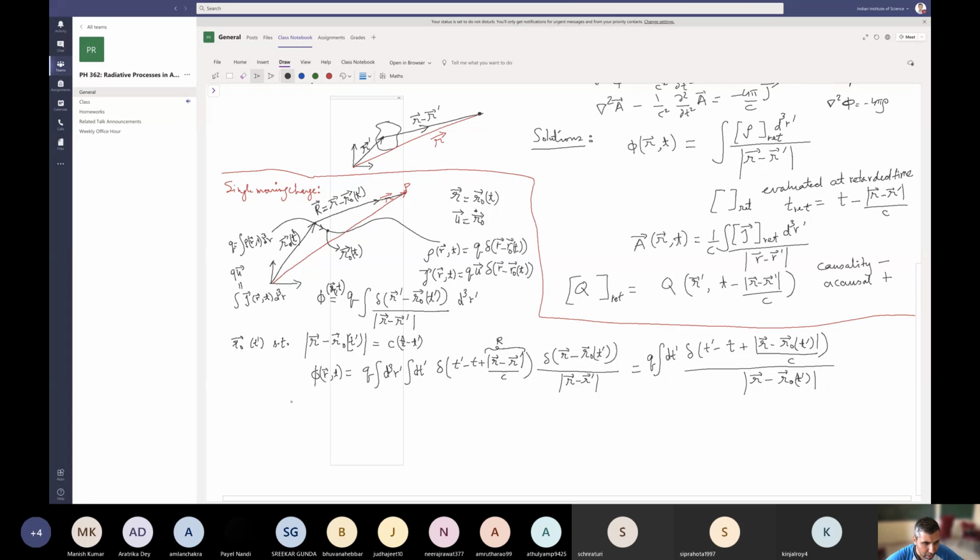So this is your phi. Okay, good. And this is nothing but R. So let me just write this down again. So this is Q integral delta t prime minus t plus R by c.